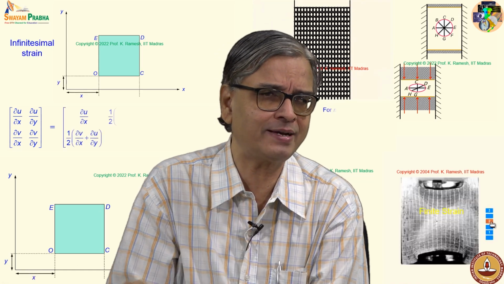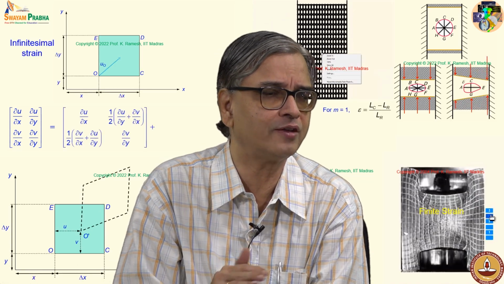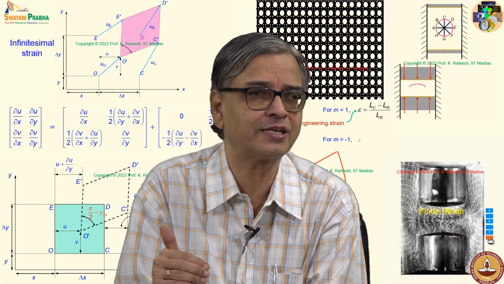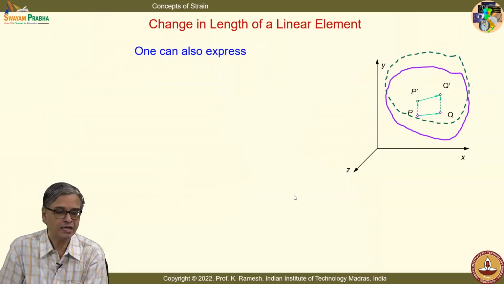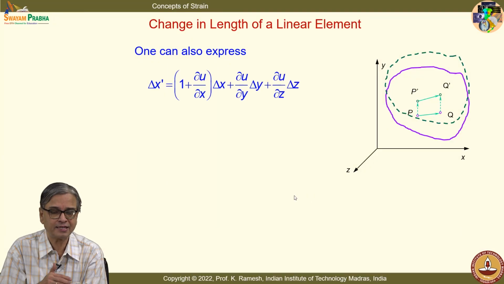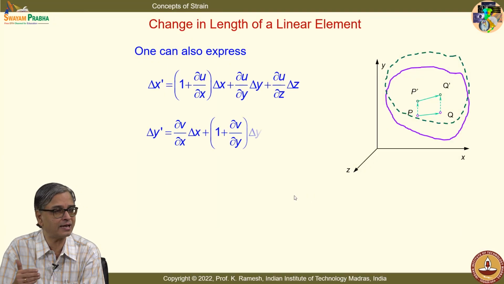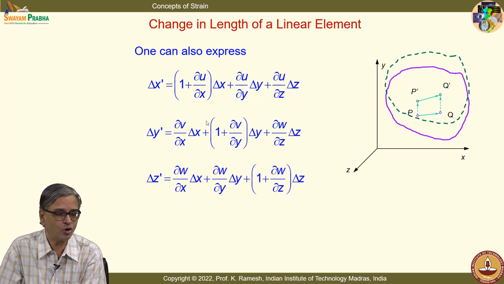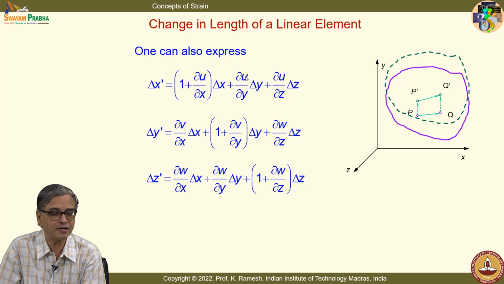For this you have a mathematical background, no difficulty at all. If you write one expression, even if you do not have time to write the other expression now, you can fill it up later. And one can also express delta x prime as delta x plus delta u. So, when I know what delta u is, I can write delta x prime as 1 plus dou u by dou x delta x plus dou u by dou y delta y plus dou u by dou z delta z.